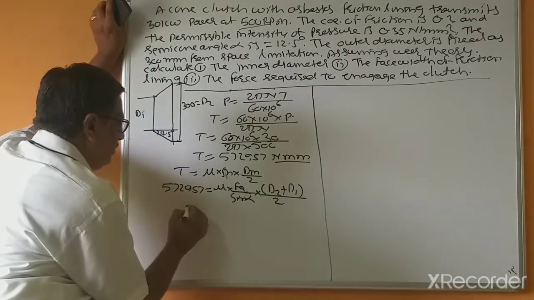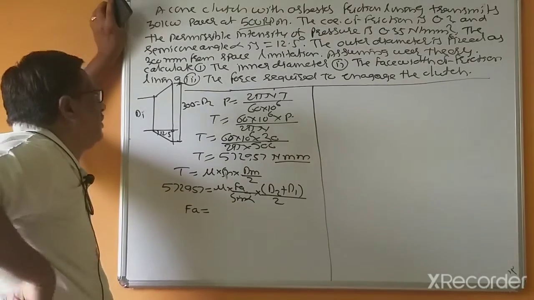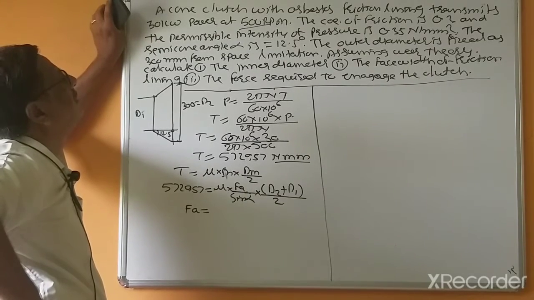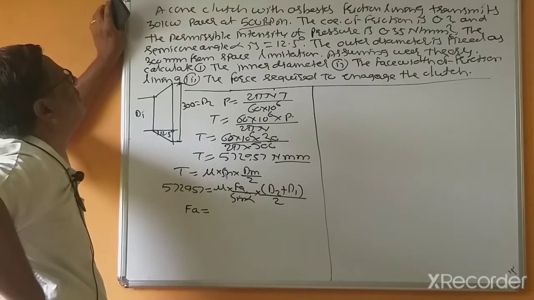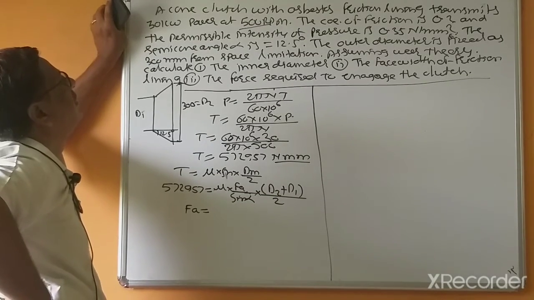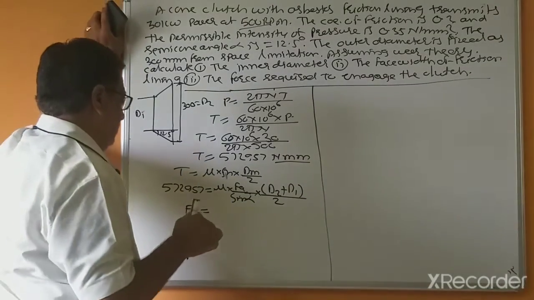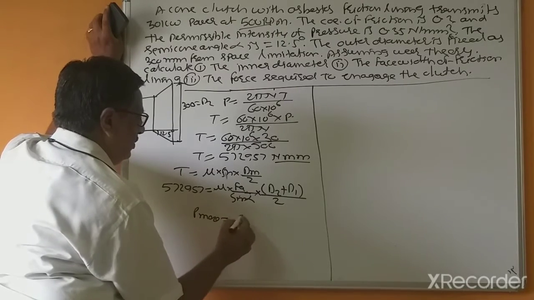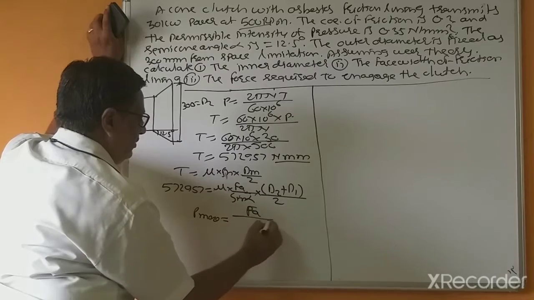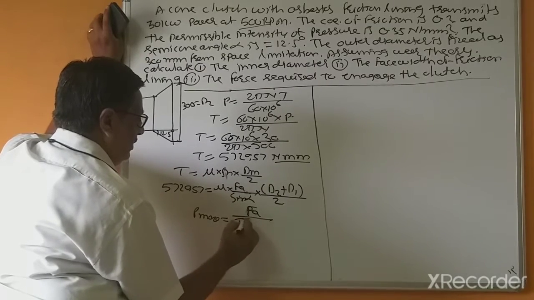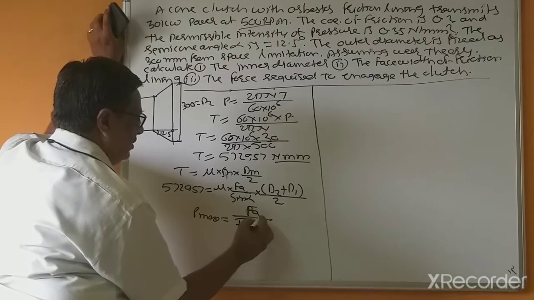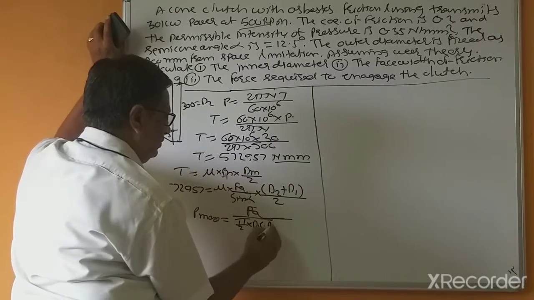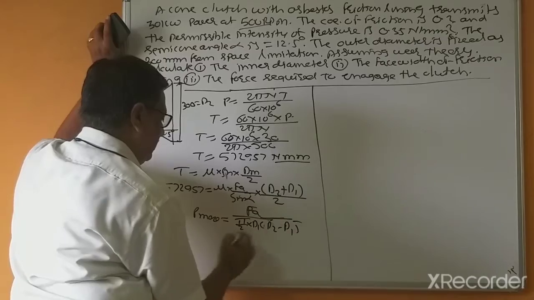Now Fa equal to, which pressure is given? Permissible intensity of pressure is given. So P max equal to, you can assume, pi divided by 2 into d2 minus d1.